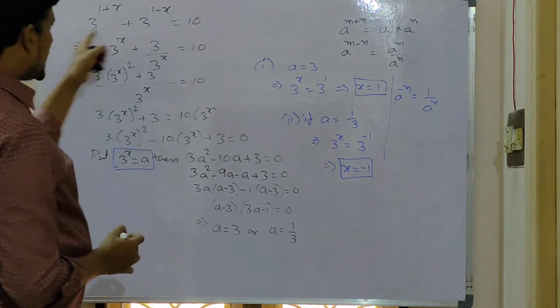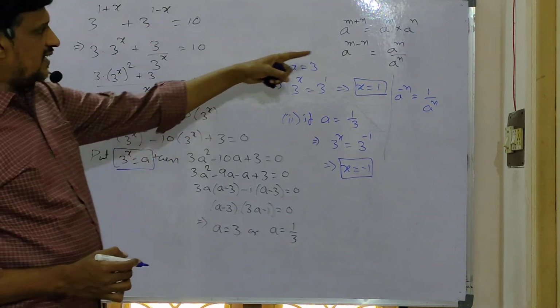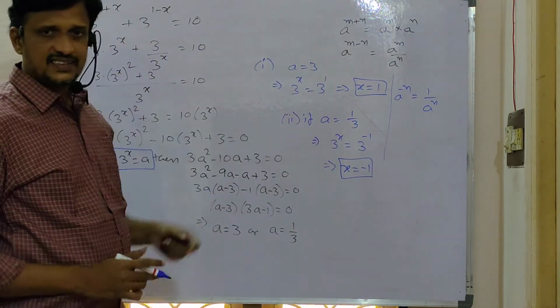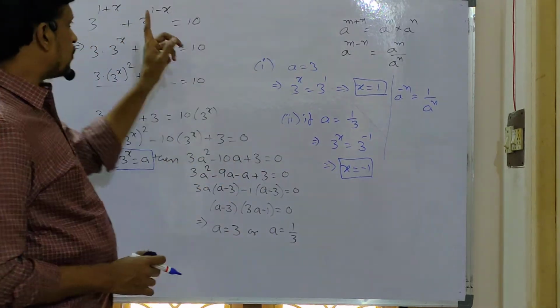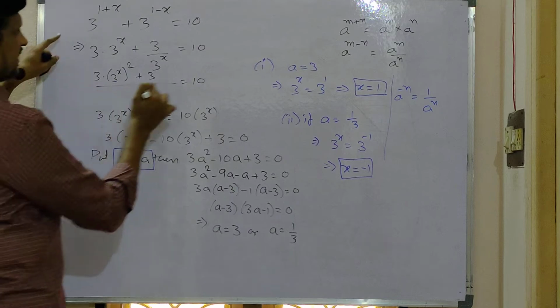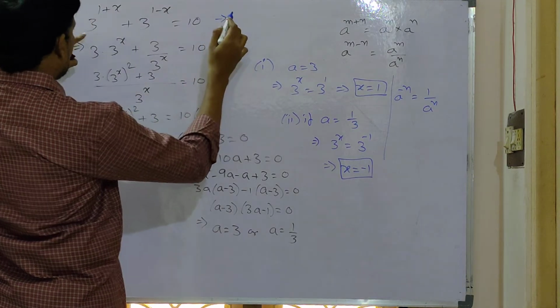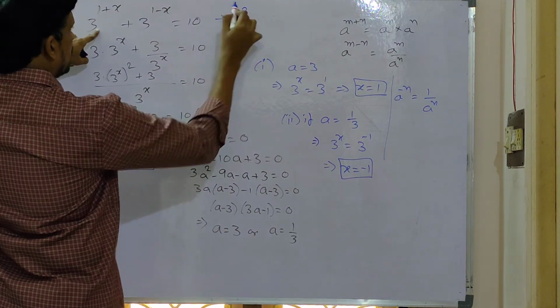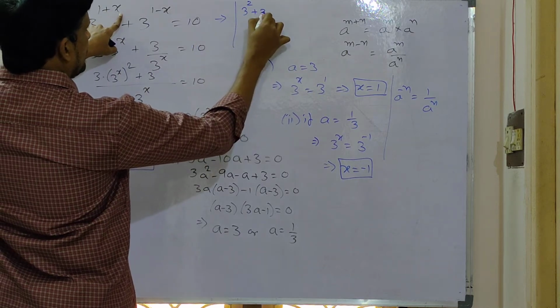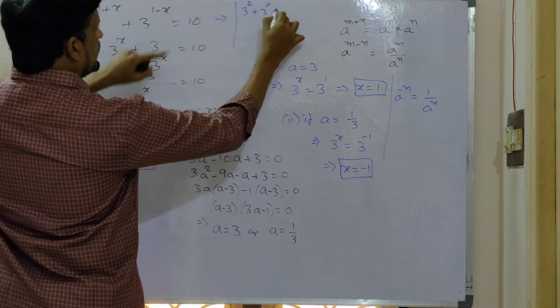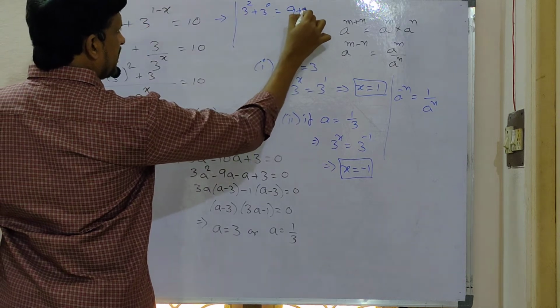So the given equation has two roots: one x is equal to 1, the other x is equal to minus 1. Just verify. If you put x is equal to 1 in the given equation, this is 3 power 1 plus x, 1 plus 1 will be 2, plus 3 power 1 minus 1 is 0. 3 square is 9 plus 3 power 0 is 1.